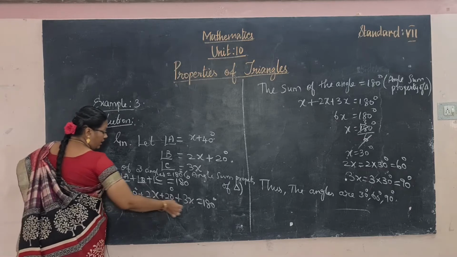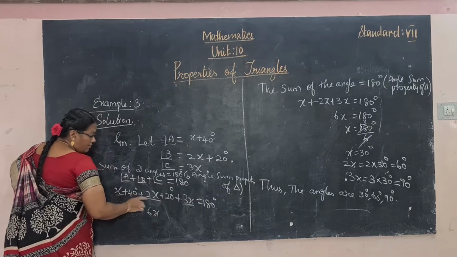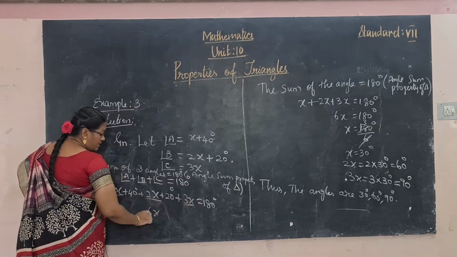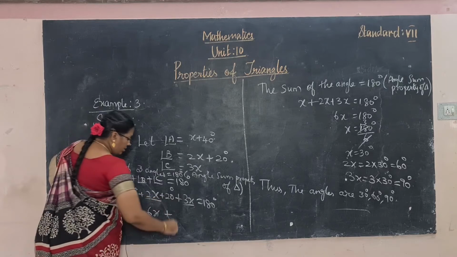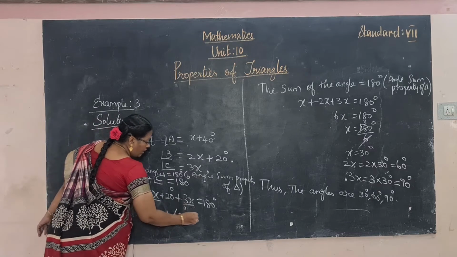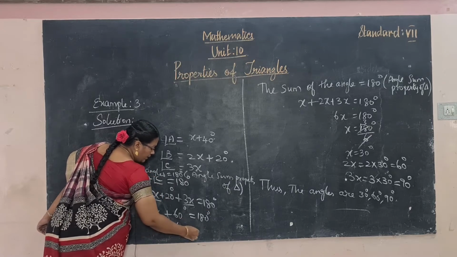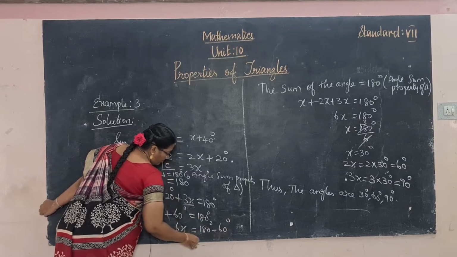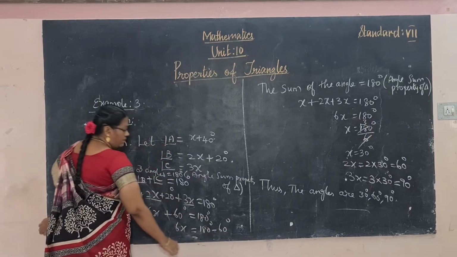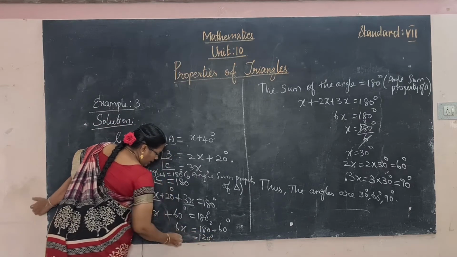Now add the like variables. x plus 2x plus 3x is 6x, and 40 plus 20 is 60. So 6x plus 60 degrees equals 180 degrees. So 6x equals 180 degrees minus 60, which is 120 degrees.